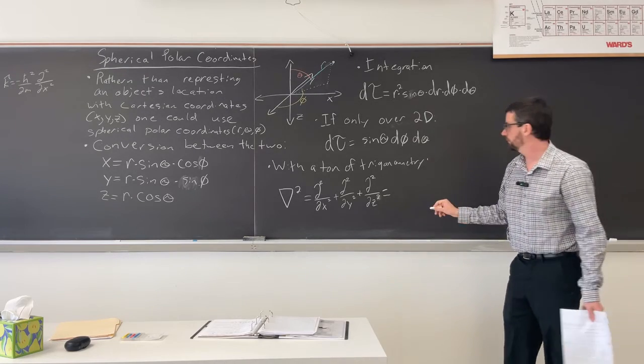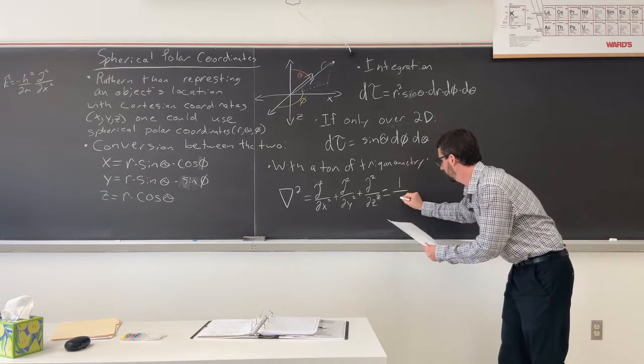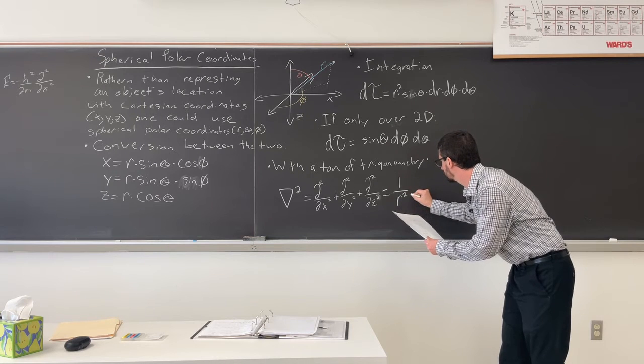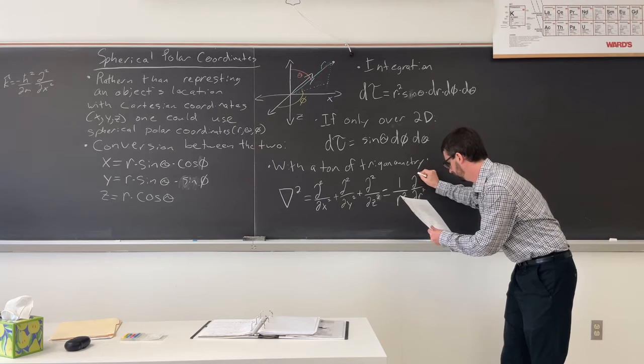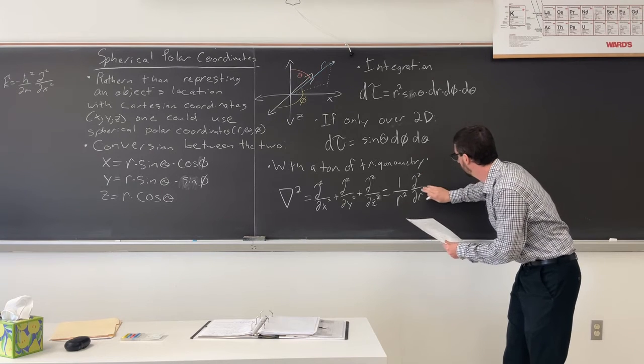When we go to spherical polar coordinates, we get 1 over r squared, second derivative with respect to r. Oh, I lied.